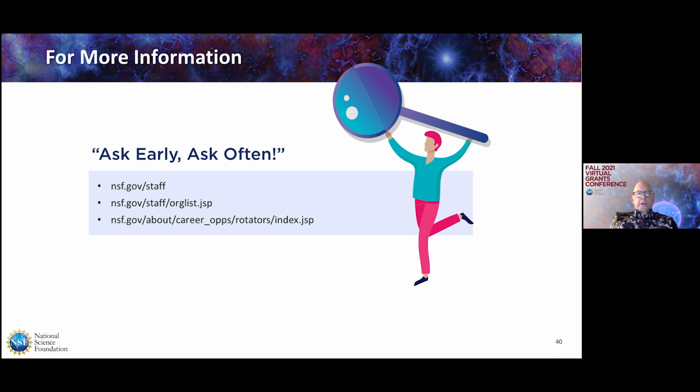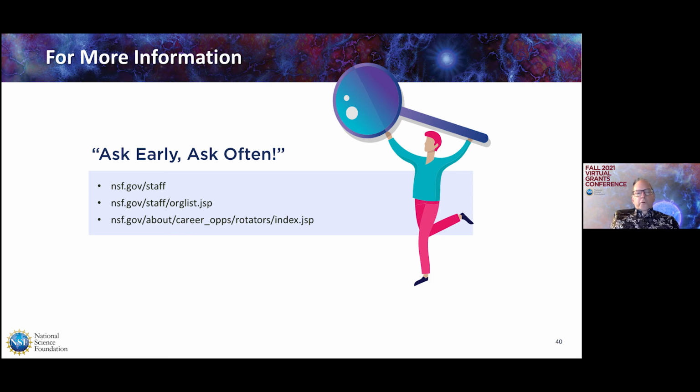That's what we're here for, to answer those questions. So if you don't hear an initial inquiry, just keep asking and hopefully you'll get an answer along the way. So there are a couple of ways to take this statement about ask early, ask often. But really, when you have questions, please make sure that you find out what the answers are through the program officers.